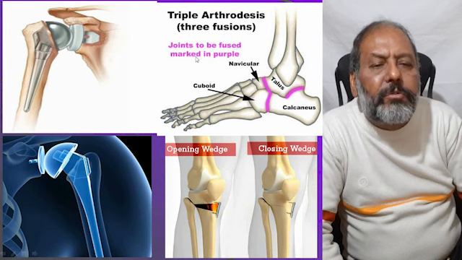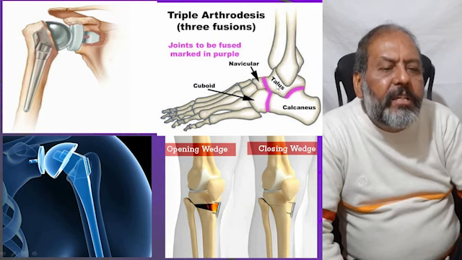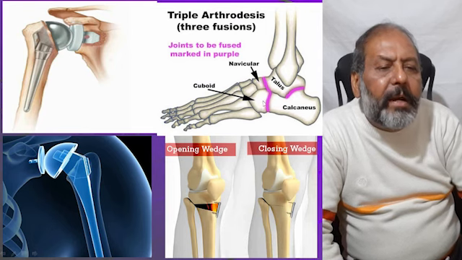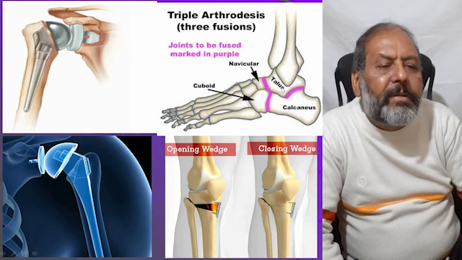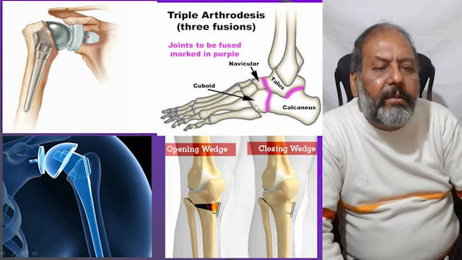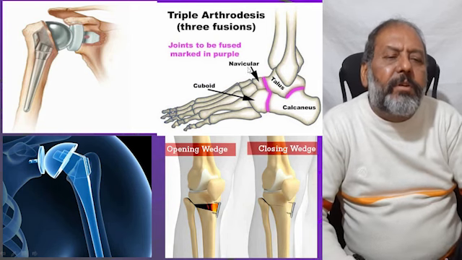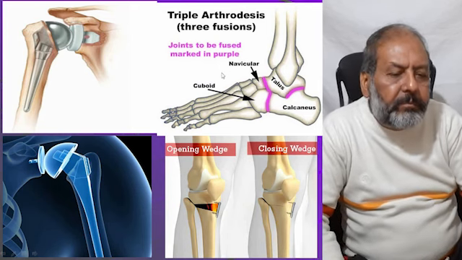Joints to be fused are marked in purple. So these joints between talus and calcaneus and cuboid are fused. Similarly, the joint between talus and navicular is also fused, and the joint between calcaneus and the talus is also fused, and talus and cuboid is fused. So these are the fusion of the different joints in case of the ankle.